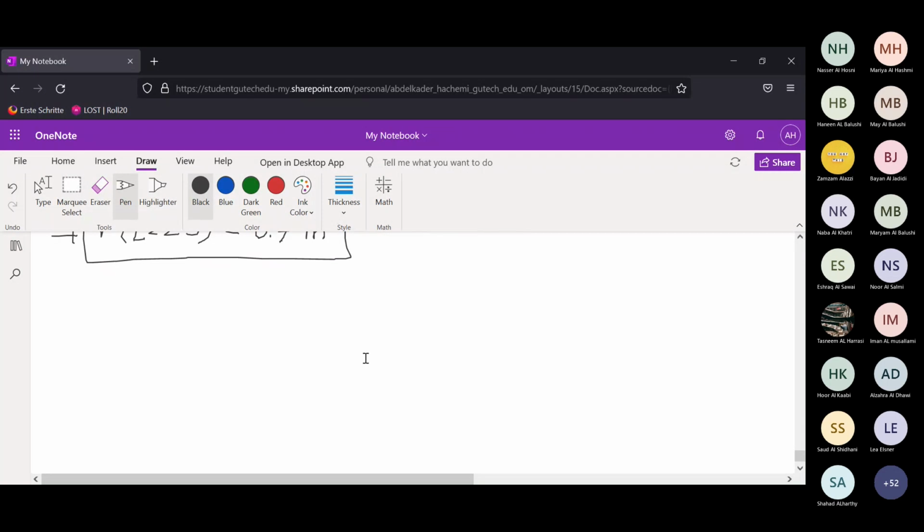Now, if we look to the circumferential direction, what we have here is phi double dot, which is equal to omega dot, and it's constant.